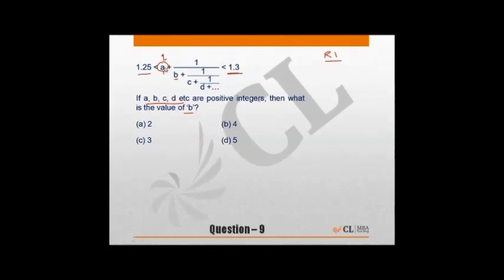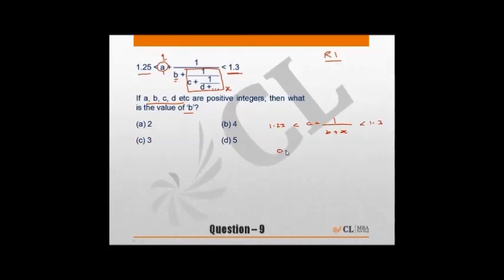This is 1 plus some fraction, or in other words I can say 1.25 is less than a plus 1 upon b plus x. I am calling this entire thing x, I am retaining b because b is the only thing I am interested in, not the others. And this has to be less than 1.3.